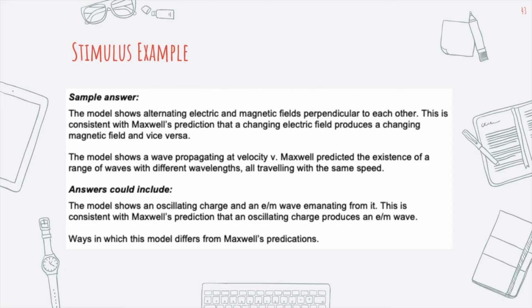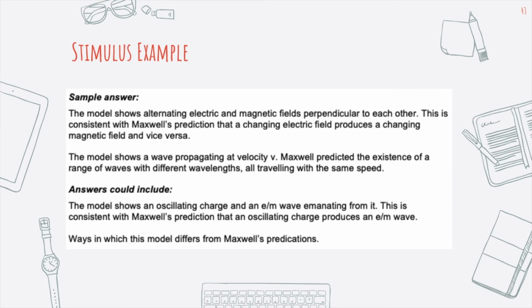So our sample answer shows that the model has an alternating electric and magnetic field acting perpendicular to each other. Now this is consistent with Maxwell's prediction that we identified earlier, where a changing electric field produces a changing magnetic field, vice versa. It also denotes that the wave is propagating with a velocity v, and we've tied that to Maxwell's prediction of the existence of waves in a spectrum all traveling with the same speed.